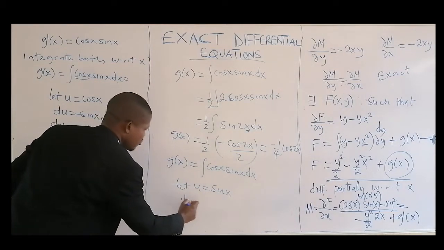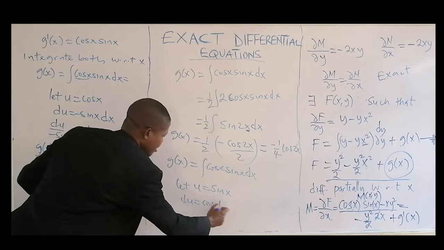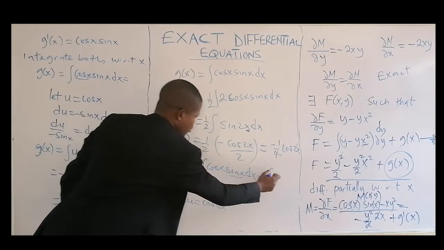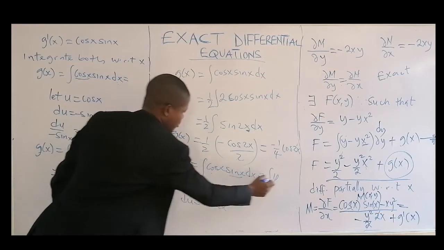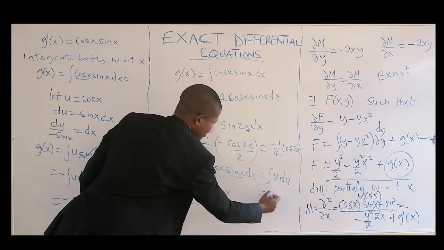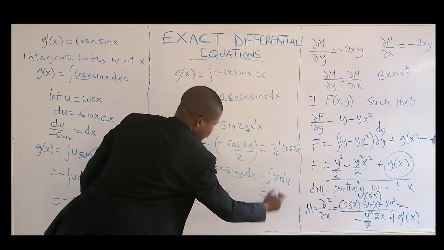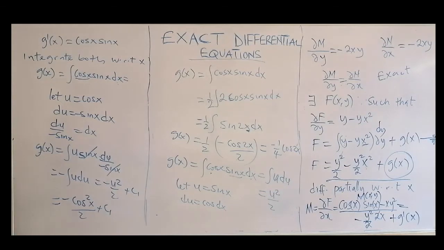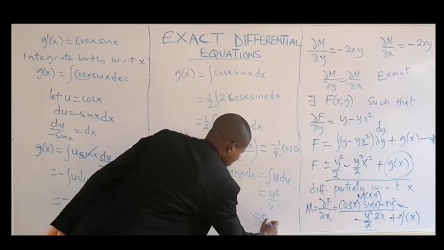Then du will be equal to cos x dx, and this one will become the integral of u du, which gives you u squared over 2. Then you replace your u back, which is sine squared x over 2.